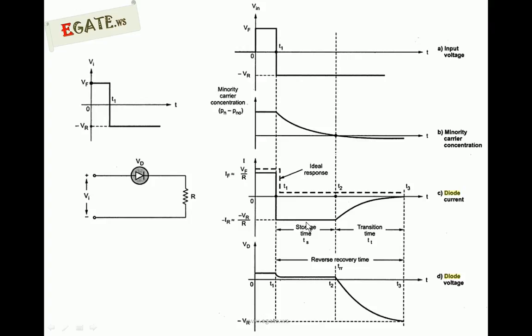The value of this current during this storage time, that is, during the time required to remove the minority carrier charge, can be calculated using the equation as minus Vr by R. This is very, very important: minus Vr by R. So storage time is the time required to remove the excess minority carrier charge, and after that it comes into the open circuit condition.